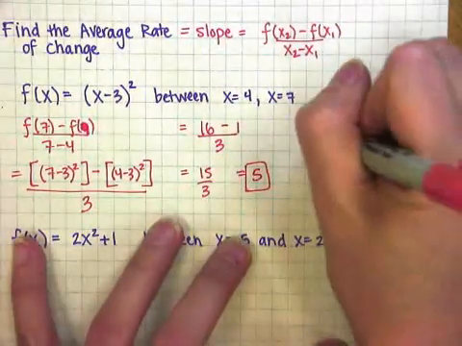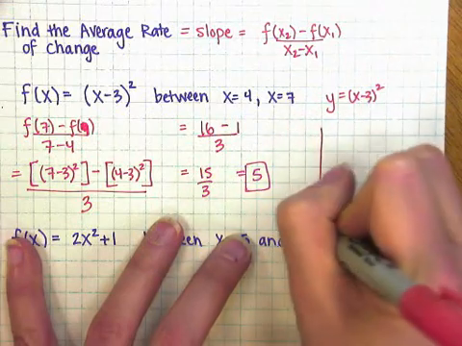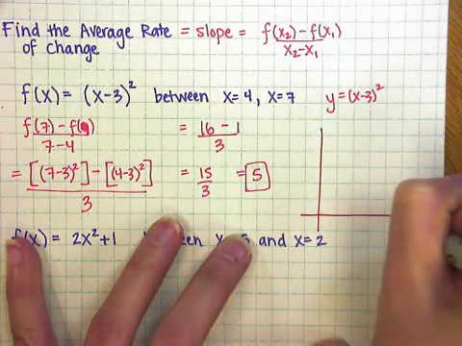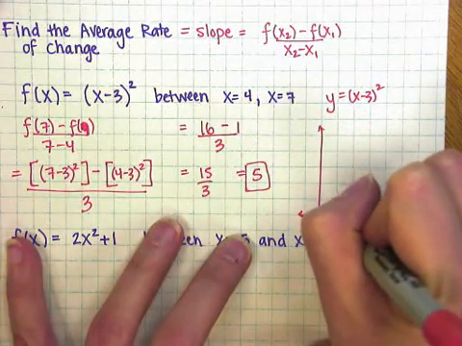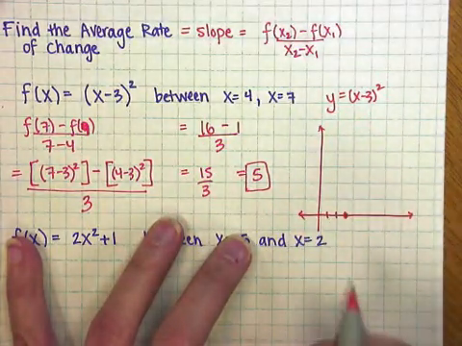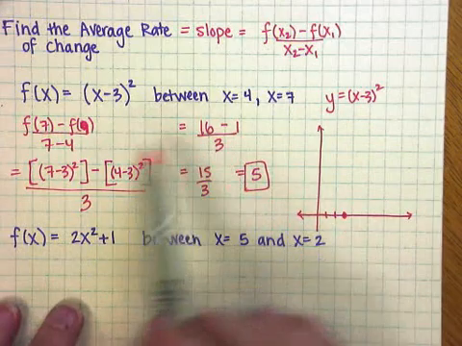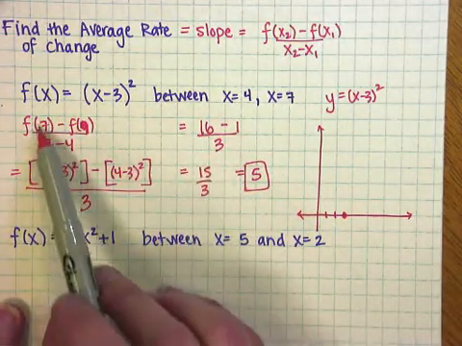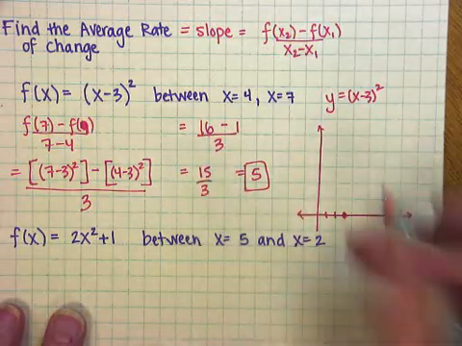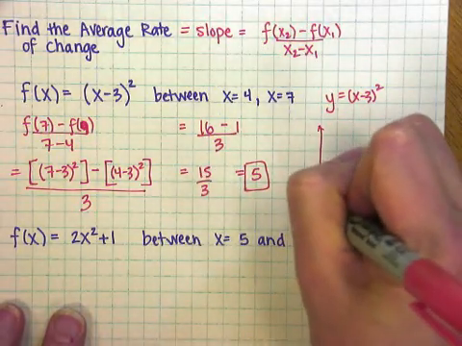So if I were to draw a sketch of this, I'm going to go over 3. That's where my vertex is. And then I know from my work over here that f of 7 is equal to 16, because when I figured out what f of 7 was, I got 16. So I know I'm going to have to at least go up to 16.